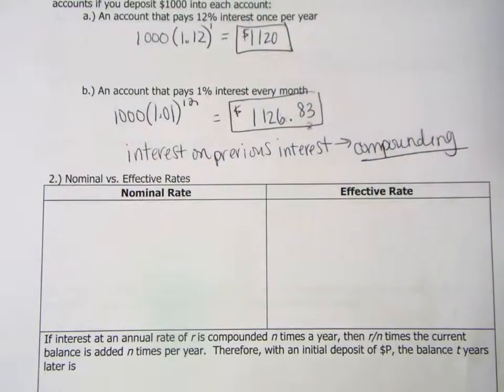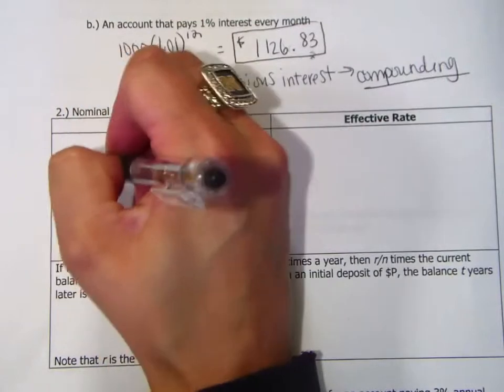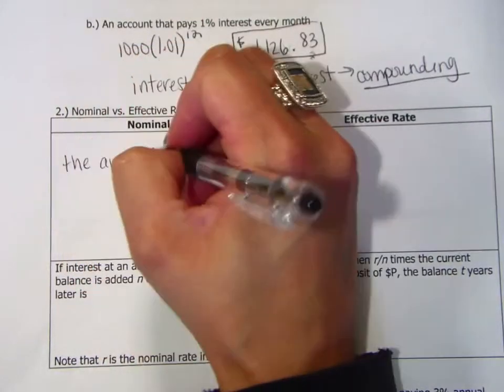Which brings me to what we call a nominal rate versus the effective rate. Your nominal rate is your annual percentage rate.